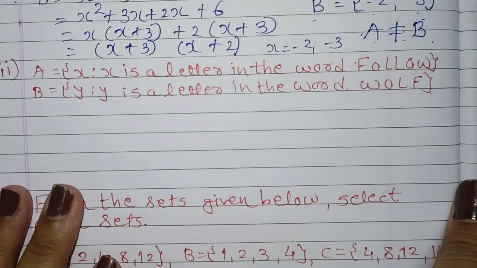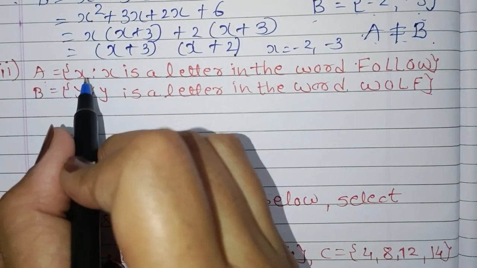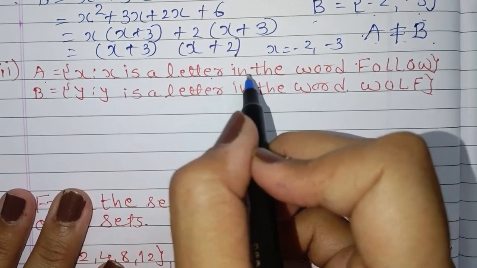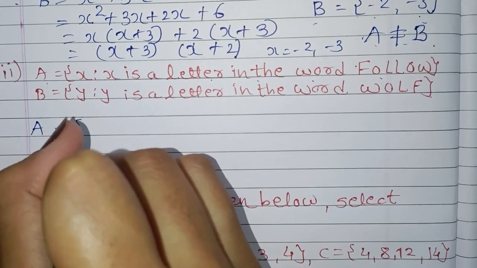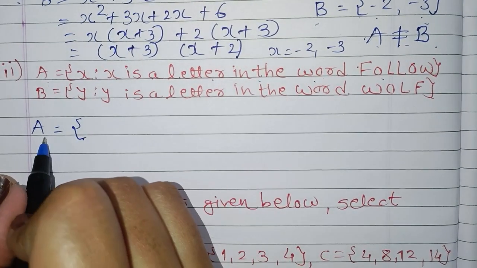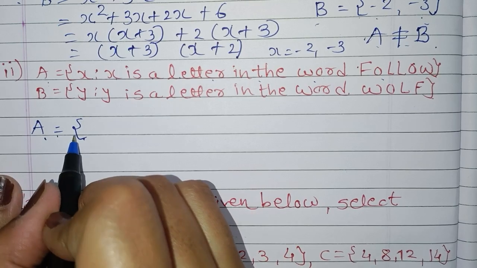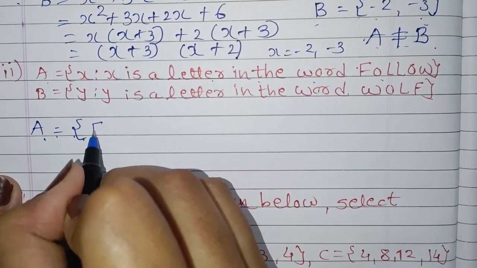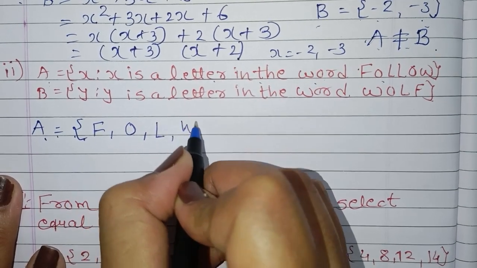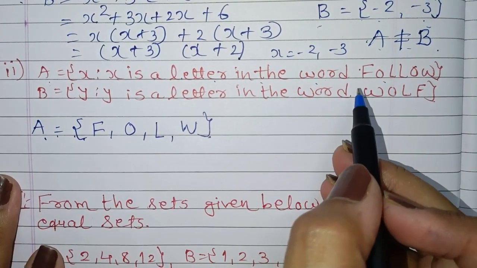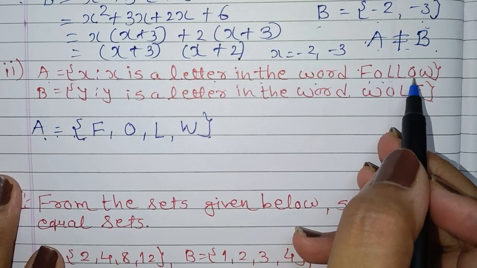Next question: A equals x such that x is a letter in the word follow. Here we write set A equals F, O, L, W. We write the letters only once.